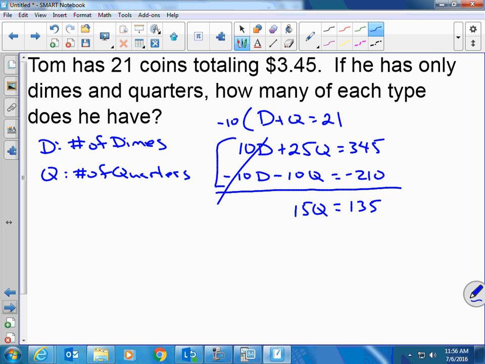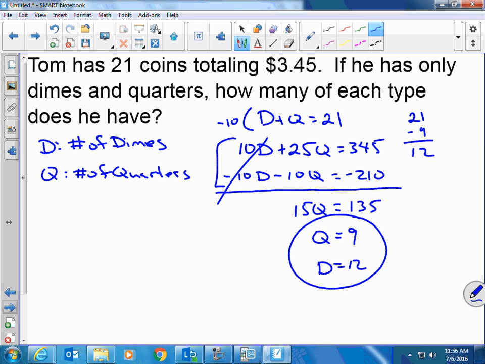And 135 divided by 15 is 9. Plug 9 back in. 21 minus 9 is 12. So the number of dimes is 12. 12 dimes and 9 quarters.